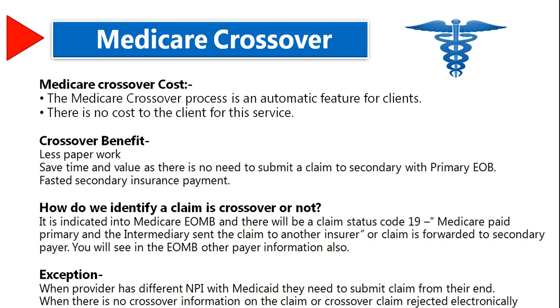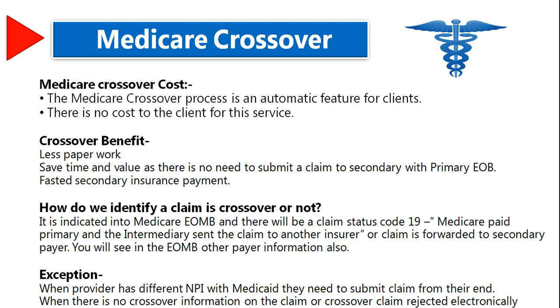How do we identify a claim is crossover or not? That's a very important part, that how can we identify whether a claim is crossover or not. It is indicated in Medicare EOMB, and there will be a status code 19. If you see claim status code 19 in the EOB, there will be a description that Medicare paid as primary and the intermediary sent the claim to another insurer, or claim is forwarded to secondary payer.